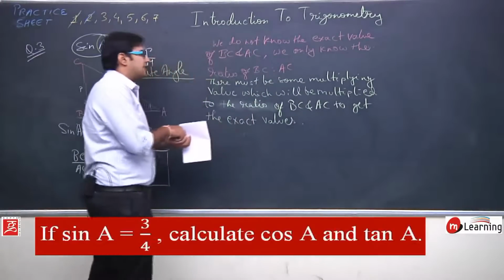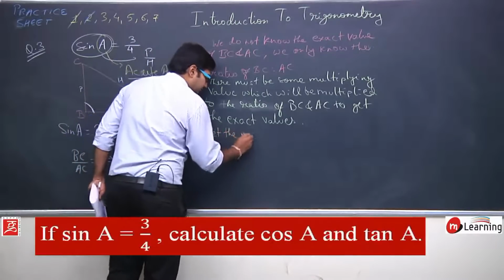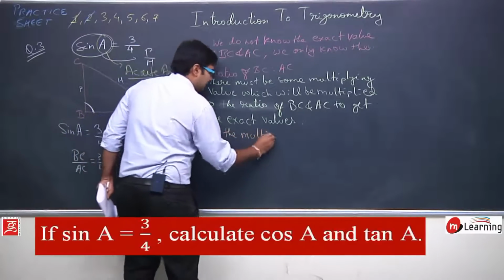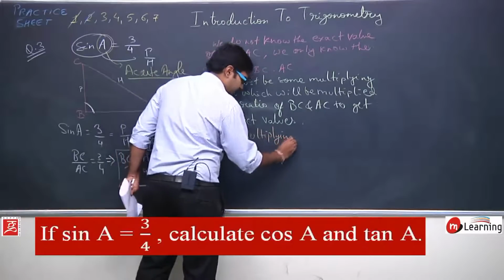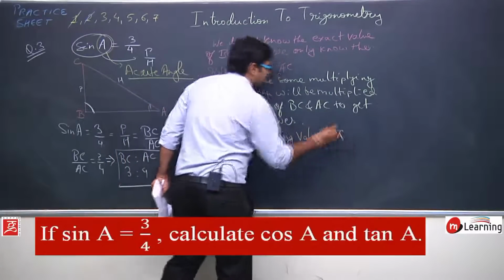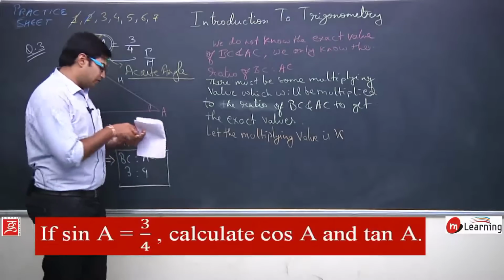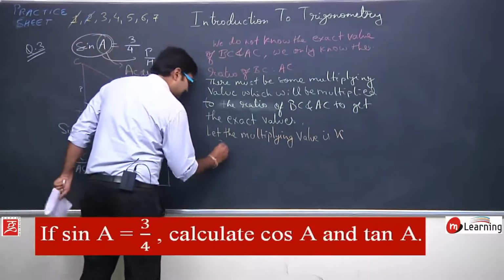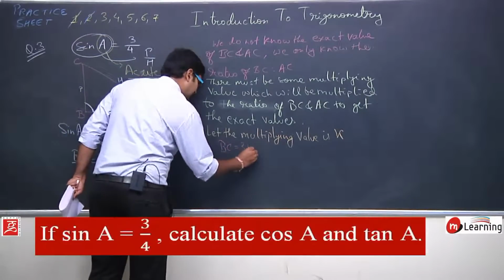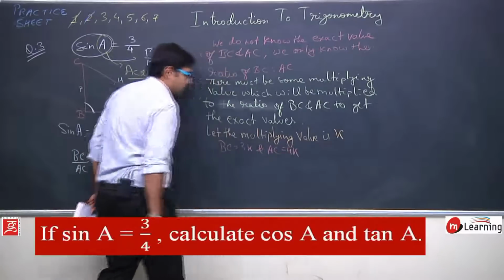So we will assume that value. We will say let the multiplying value be k. Okay, so if the multiplying value is k, what I can write is BC is equal to 3k and AC is equal to 4k.